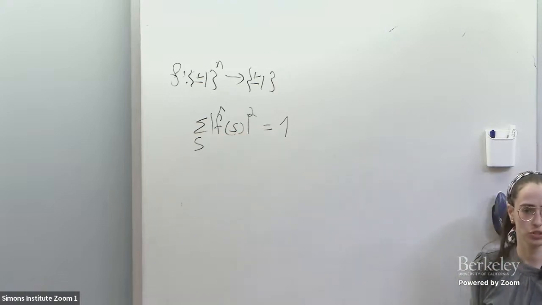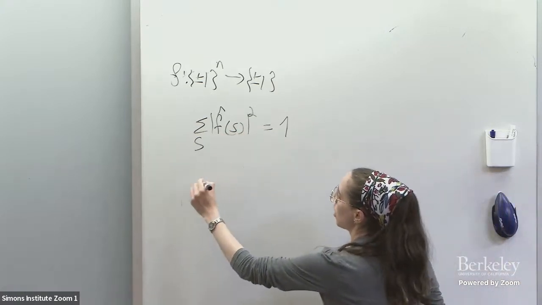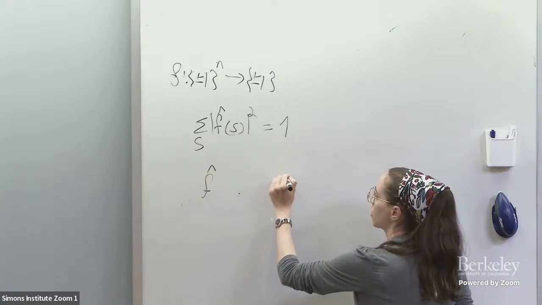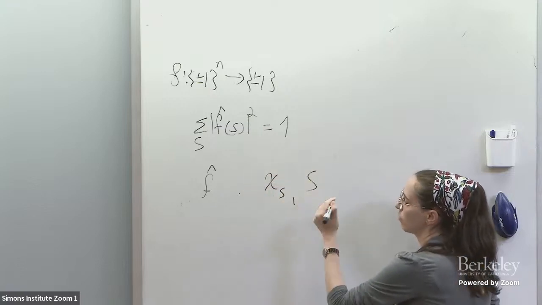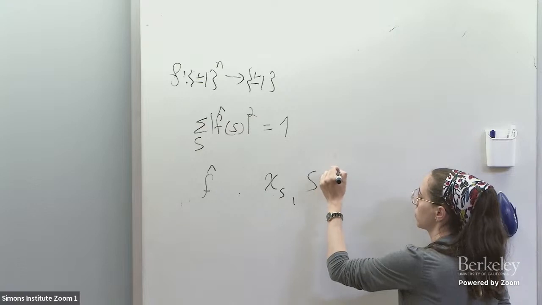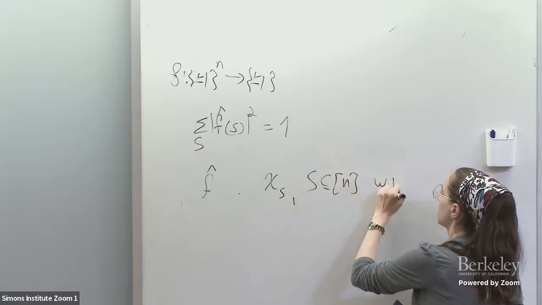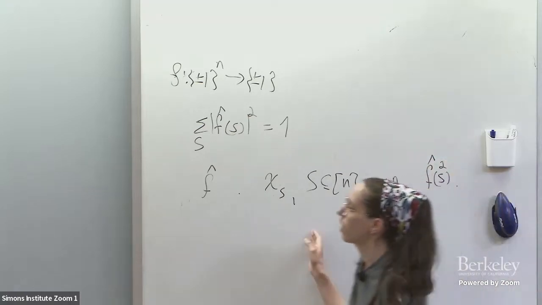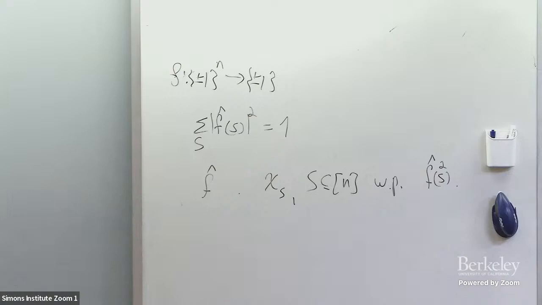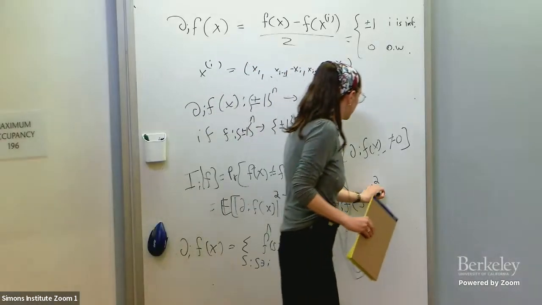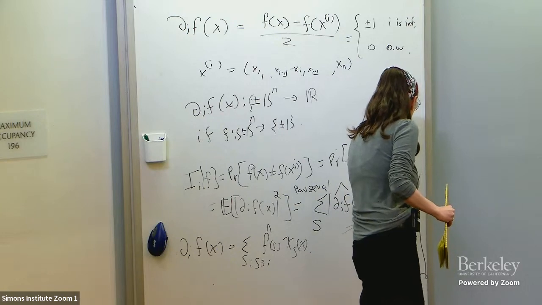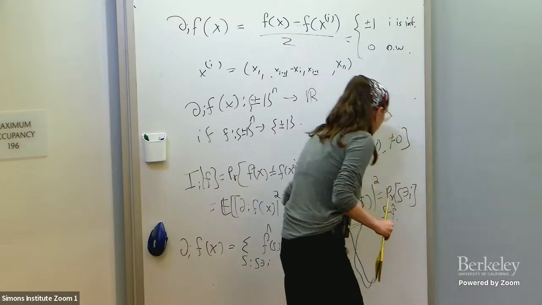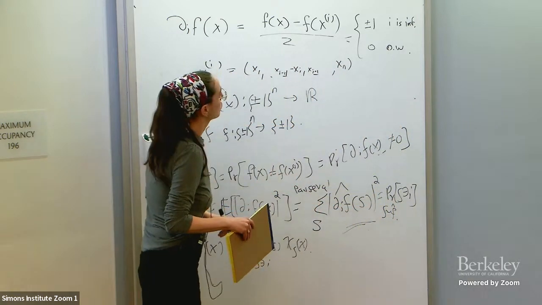We can think about it as a distribution. Let's call it the Fourier distribution, which picks every character, or every subset S of [n], with probability equal to the squared Fourier coefficient. Now what is the influence of the ith variable? Just exactly the probability that S contains i. So this is just a nice fact.